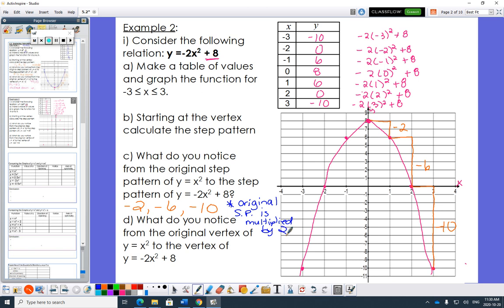so we wrote it yesterday like this, 1A, 3A, 5A. So the way we did it yesterday, take the A value, which is negative 2, right? Anything in front of the x squared is A, and multiply. So 1 times negative 2 is negative 2. 3 times negative 2, negative 6. 5 times negative 2, negative 10.